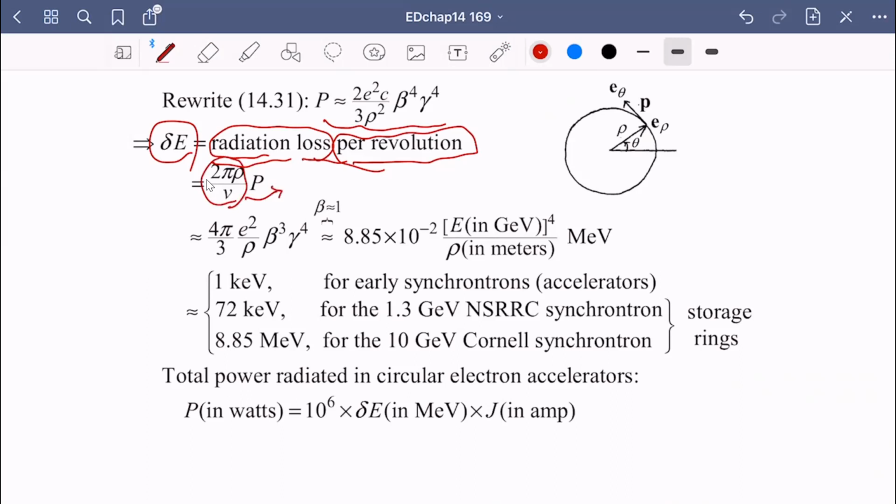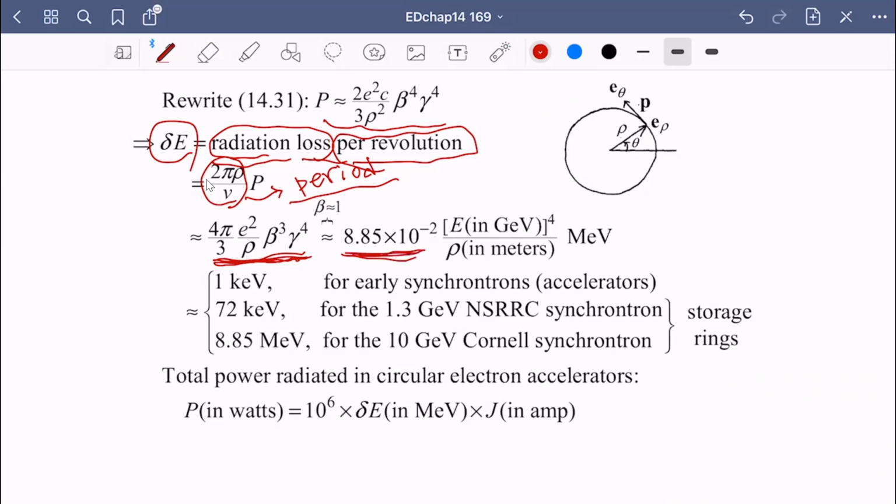That's the time, the period. 绕一圈，用光速绕一圈，它花多少时间？花多少时间乘以它总共 total radiated power，那就是功率的变化。The energy change will be here per revolution. That's huge.